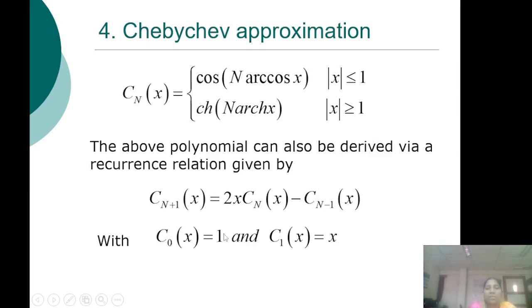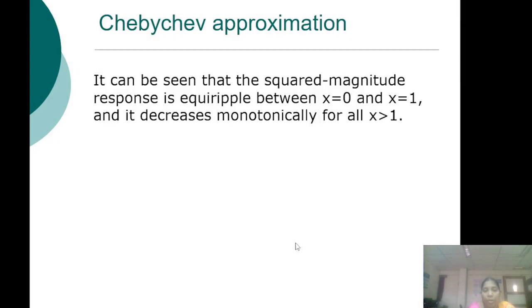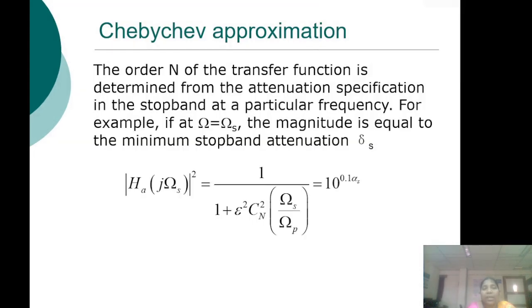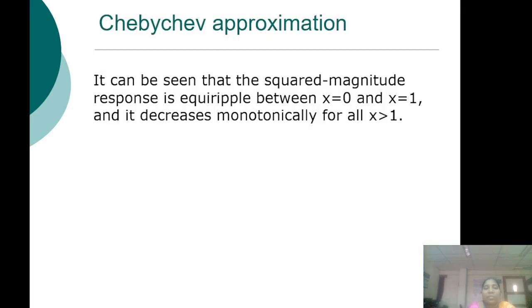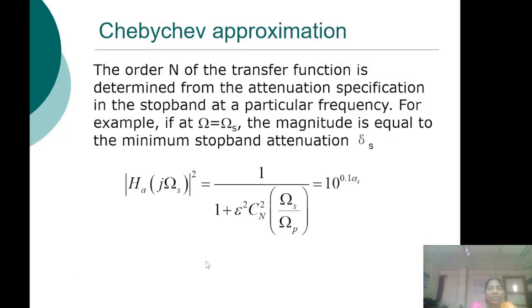This is the formula used to calculate the Chebyshev polynomials. It has been seen that the squared magnitude response will equiripple between x of 0 and x of 1, and it monotonically decreases for all x greater than 1.